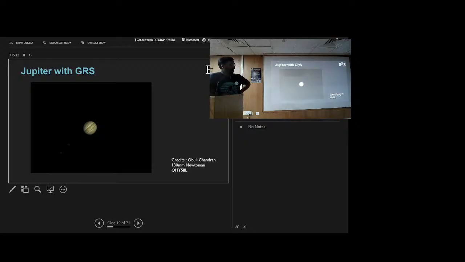Right, the spot, good. This is the GRS. You can see the Great Red Spot here. And of course, something here. Are these some artifacts or do you think they are something else? Yes, they are the moons, but I don't remember which they are right now. Okay, so he has got two moons and he has got the GRS in this image.